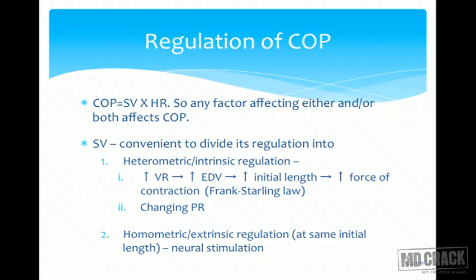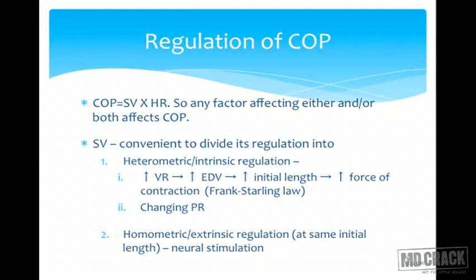Initial length can also be increased if there is a change in the peripheral resistance. Now, who offers peripheral resistance? Arterioles, and mainly the muscular arteries. If the peripheral resistance is increased because of vasoconstriction, what will happen? The heart will have more difficulty pumping. It will face more resistance. If it has more difficulty pumping, more blood will accumulate in the heart.